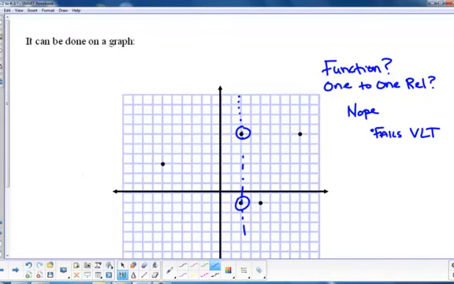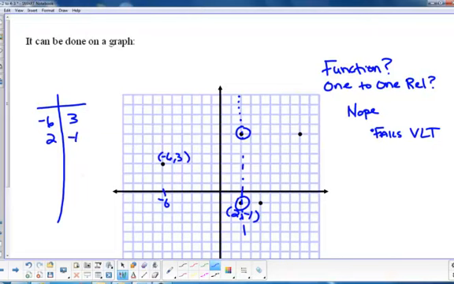If you look at this data in the form of a table, if we start writing our numbers, this is -6, 1, 2, 3. And then this is 2, -1. And this number up here is 2, 6.